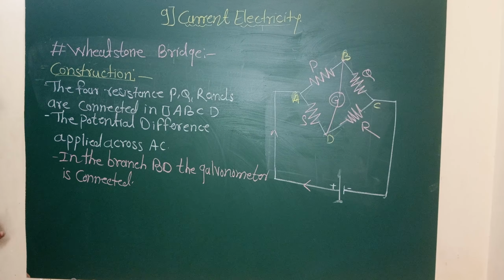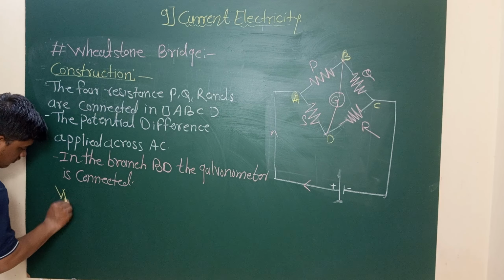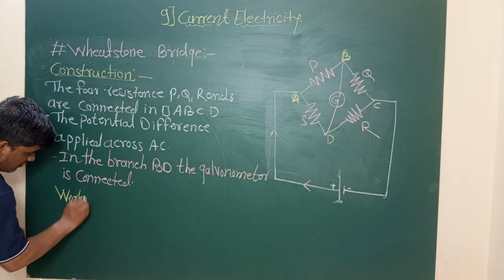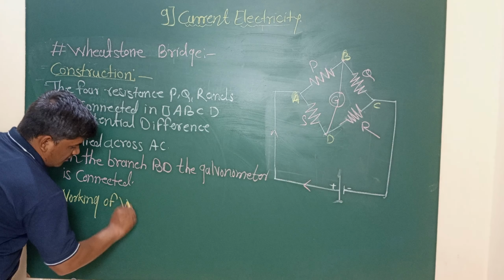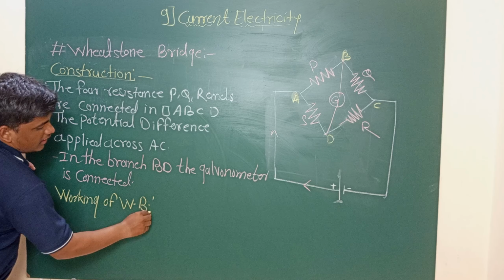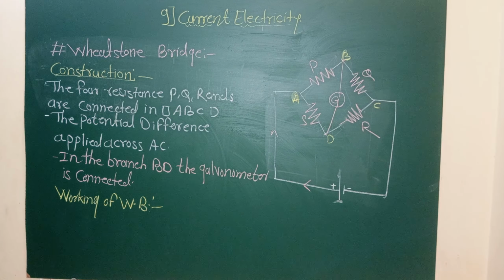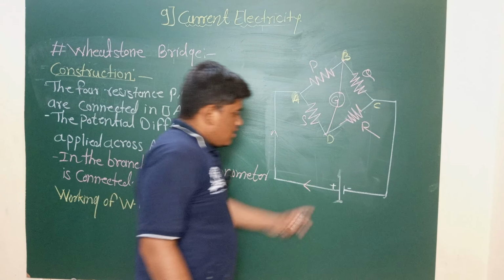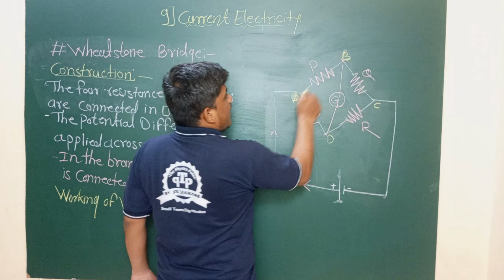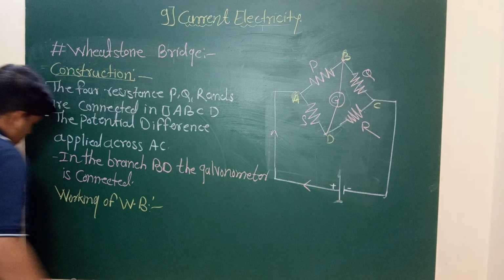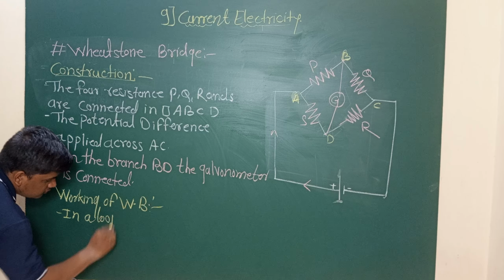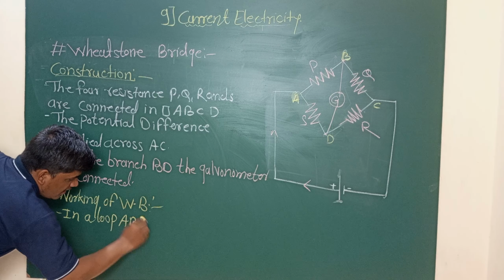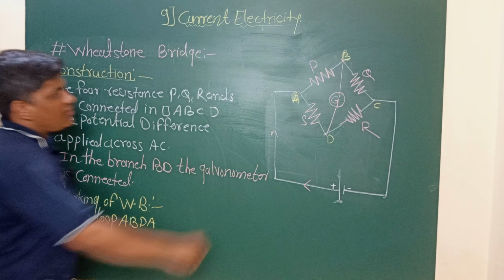Then what is the working? The working of the Wheatstone Bridge, how it works. In the first loop, ABDA, this is the first loop.